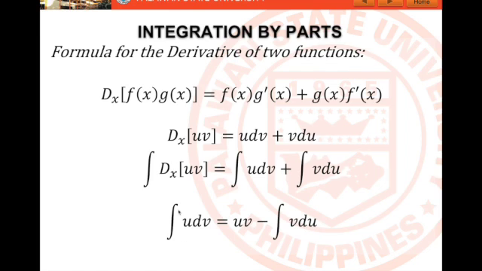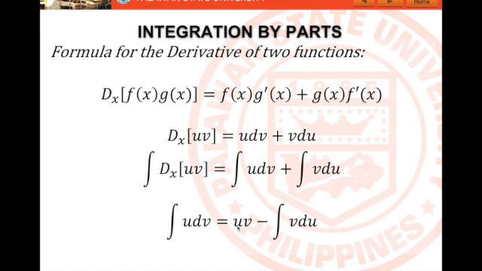As you can see, we have an integral on the left side, and we have two parts on the right side. The first one would just be the product of u and v, so there is no integration involved here.